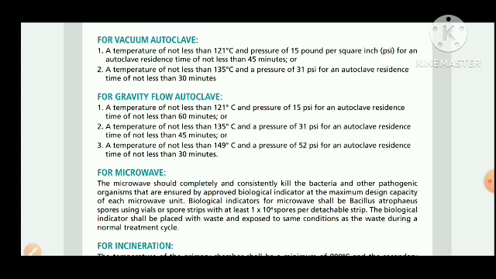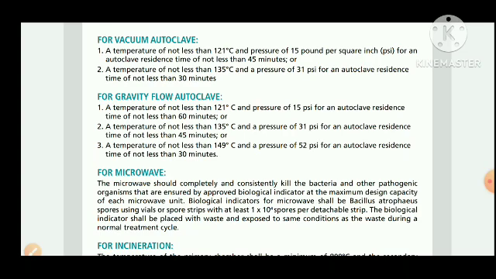For vacuum autoclave, the temperature should not be less than 121 degrees Celsius and pressure 15 pounds per square inch, psi. For autoclave, residence time not less than 45 minutes. You should not keep the vacuum autoclave less than 45 minutes if the temperature is 121 and the pressure is 15 psi.